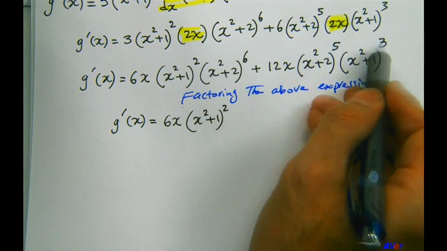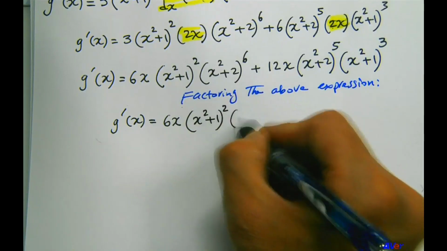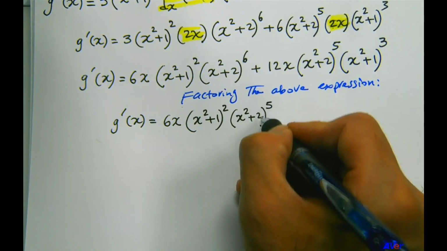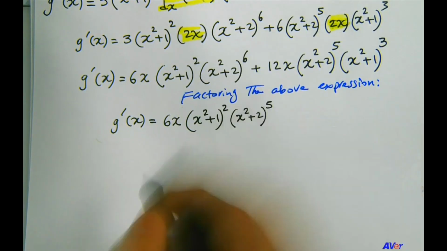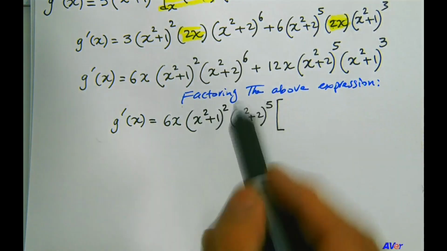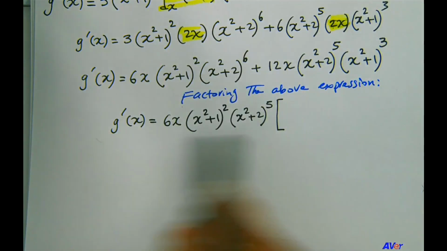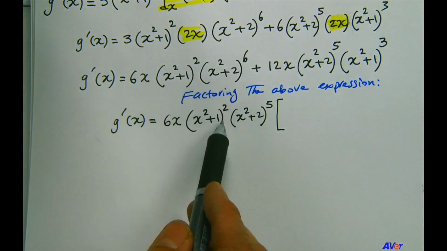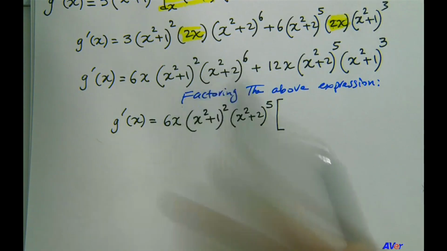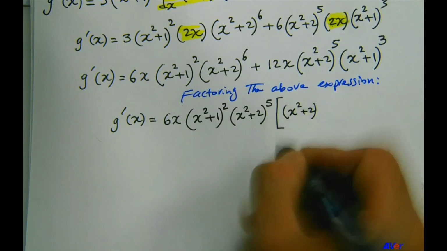All the lowest powers, the 2 and the 5, can be factored out, which we're doing. So what do we have left? To obtain this expression, what do we have to multiply this by to get this expression back? All we have to do is multiply it by (x squared plus 2) to power 1, right? That's all.